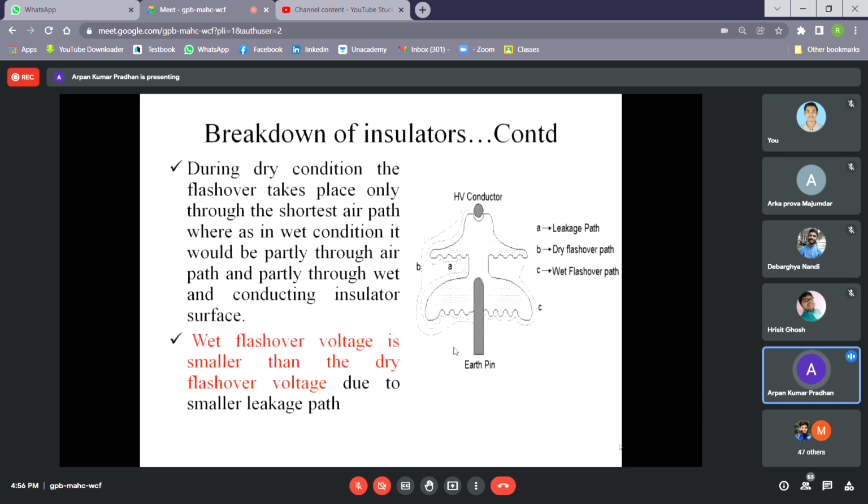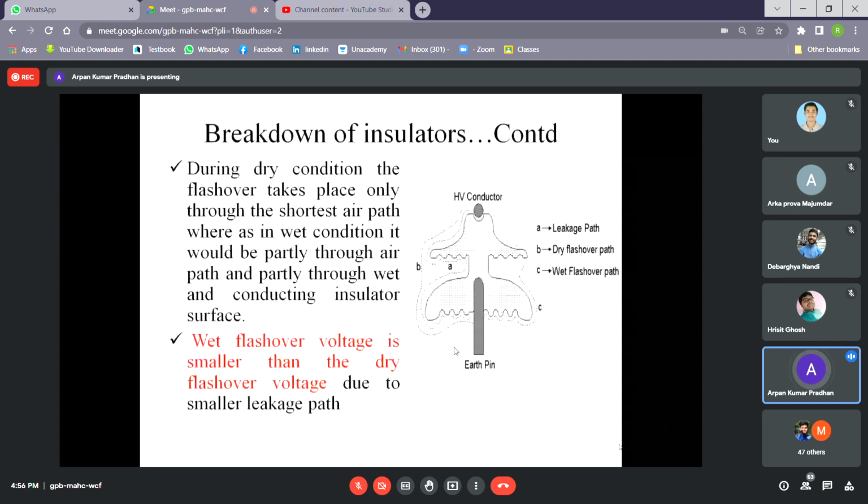If there is no problem at all and the lines are operating safely, a portion of current is flowing through the insulator surface between the HV conductor and the earth pin, and this current is known as the leakage current.